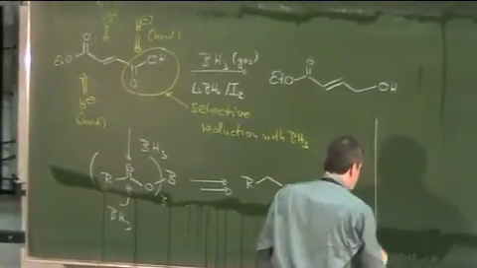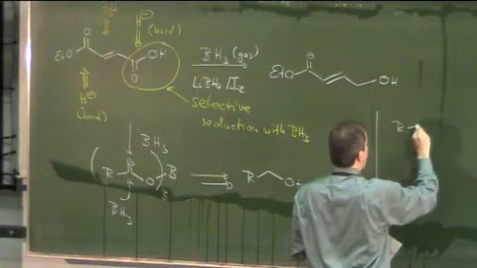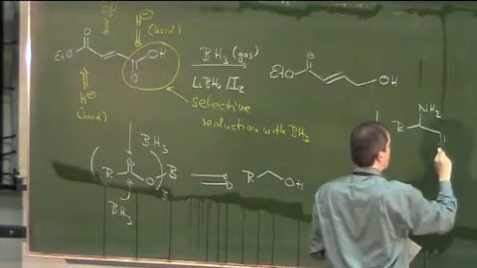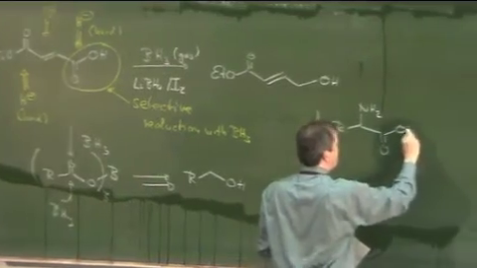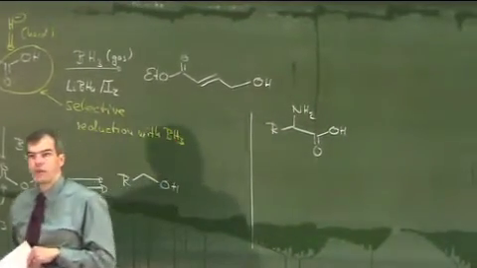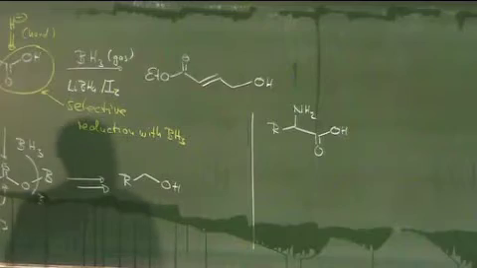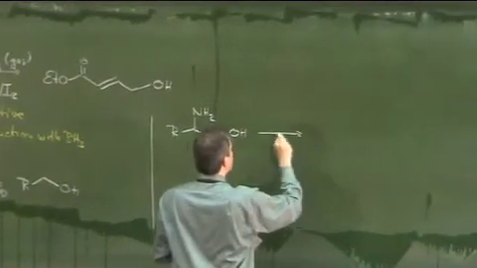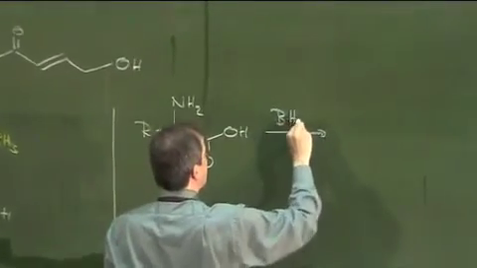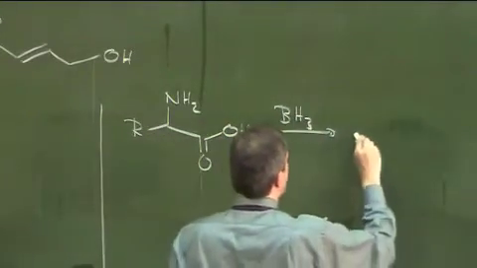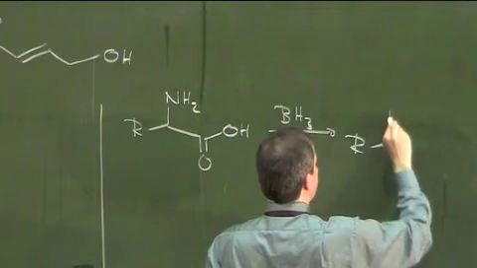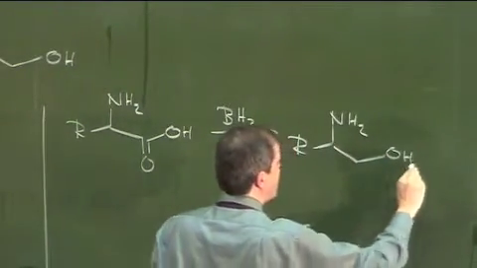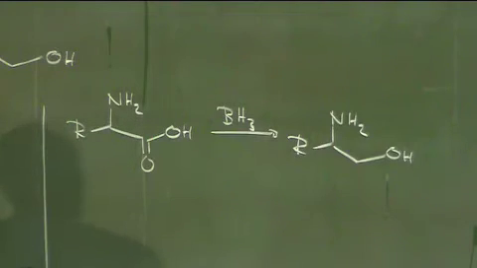Works also very nicely with another important class of compounds. And these are amino acids. Very often, there are many applications of amino alcohols. And very often, you start from readily available amino acids out of the chiral pool and would like to convert them directly to the amino alcohols.